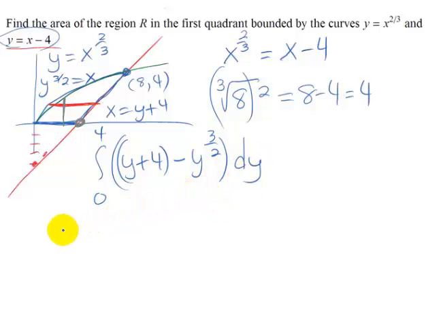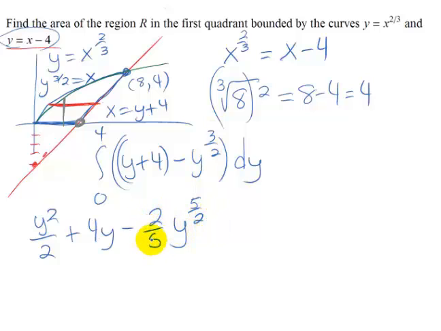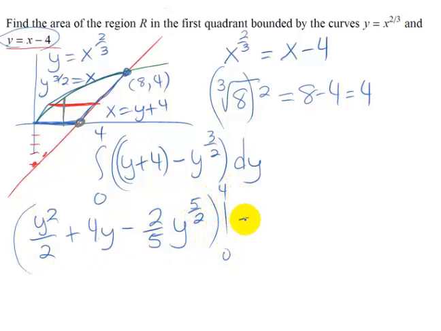Let's go ahead and integrate that. So doing an antiderivative, we have y squared over 2 plus 4y, and then minus, let's see, power rule in reverse. It would have been 1 higher power. That would have been a 5/2, but we need the reciprocal of that power out in front, 2/5. This needs to be evaluated from 0 to 4.